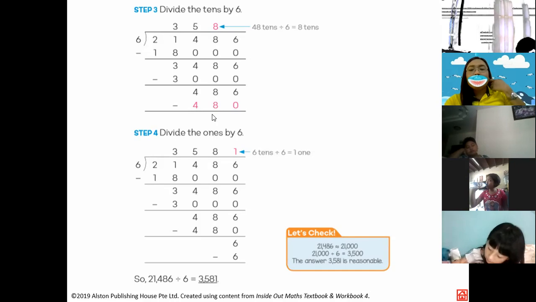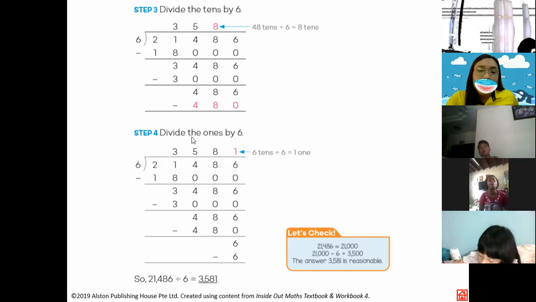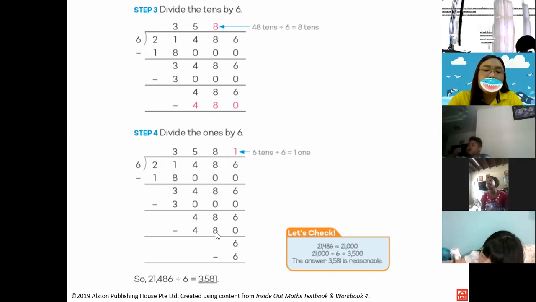Now step number 4, divide the ones by 6. The number in the ones place is 6. Earlier we have 0, and then we bring down 6, and now we divide 6 by 6.